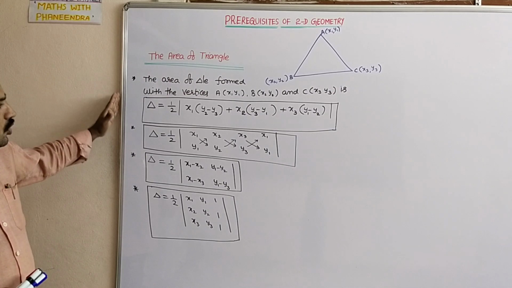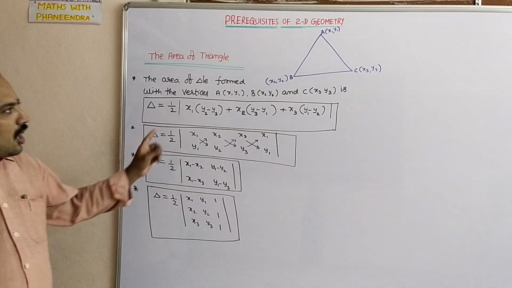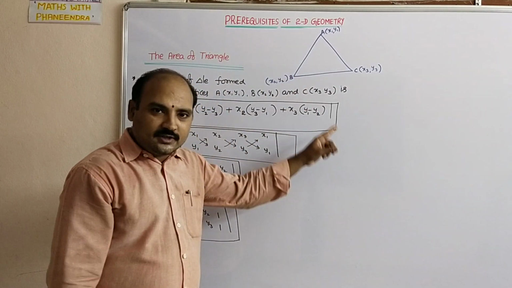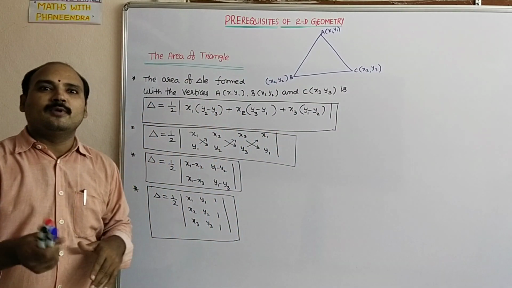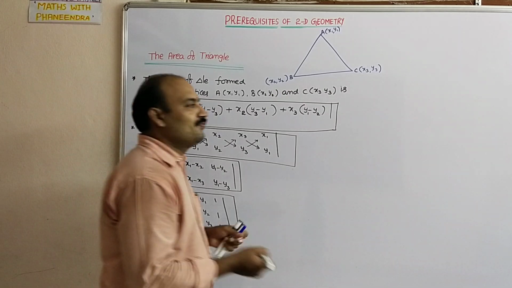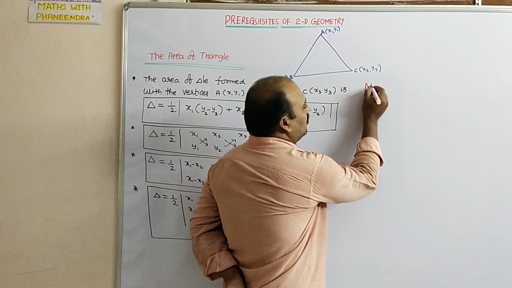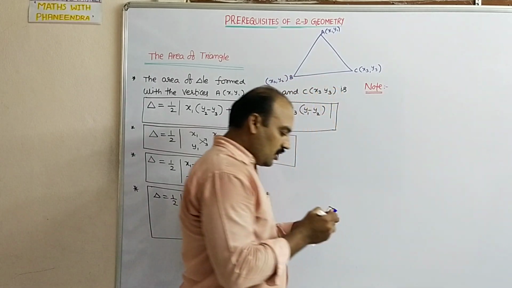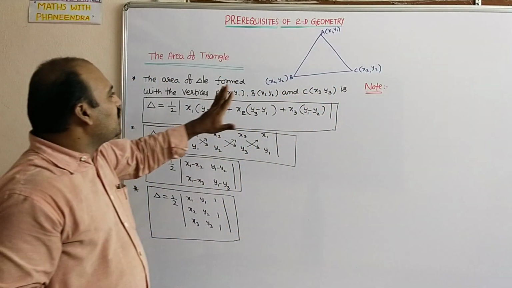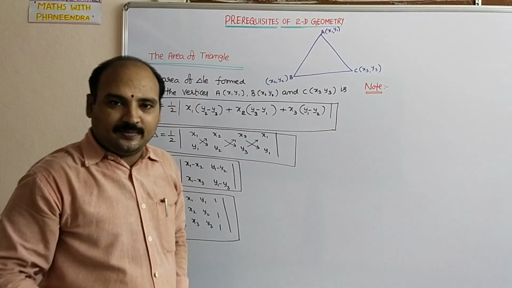And after knowing these, among these 3 points, if one of the vertices is origin, what is the formula that I am going to write? It's an important note. One of the vertices means I am taking the third vertex as origin.